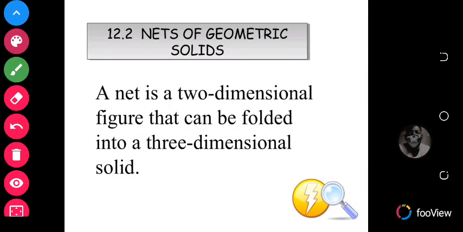So let's look at nets of geometric solids. A net is a two-dimensional figure that can be folded into a three-dimensional solid. Have you ever seen a box?